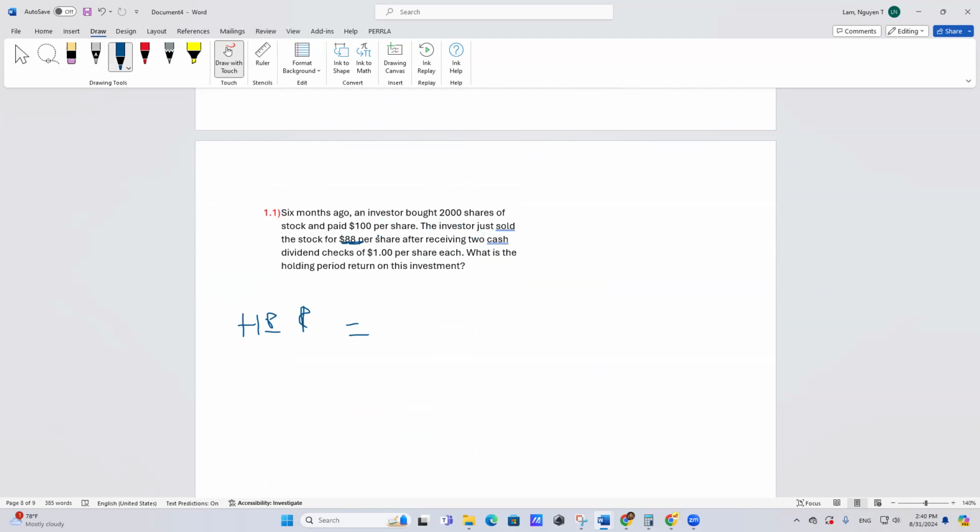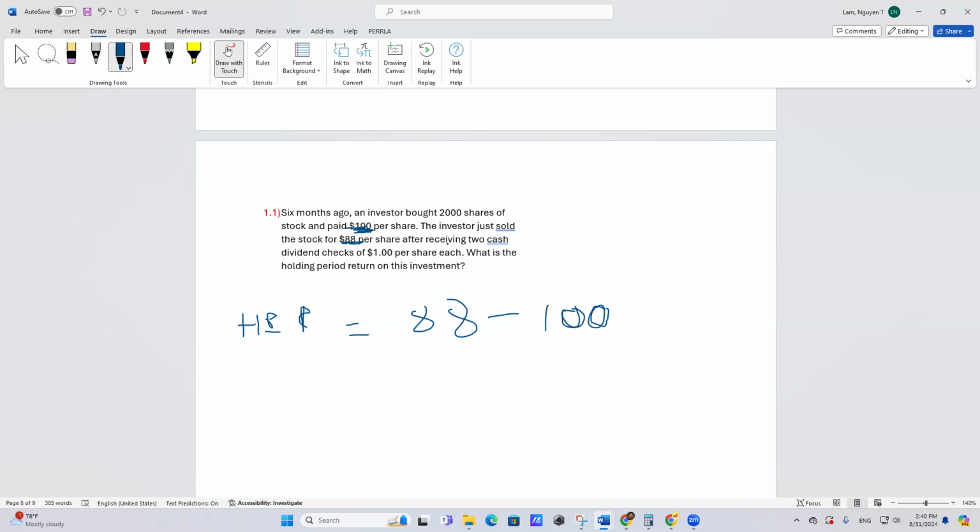Okay, so this is the one that is sold for 88, right? Before it was 100. So you want to find the percentage change over time.